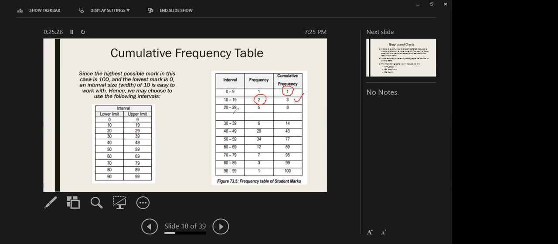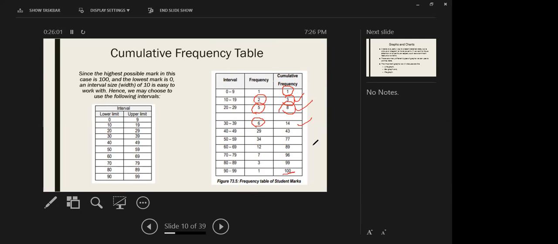The cumulative frequency of the third class is the frequency of that class plus the cumulative frequency of the previous class, which is 3 plus 5, that gives you 8. It is the same thing again for the fourth class: the frequency of this class plus the cumulative frequency of the previous class, and you get 14. That's how you get all this cumulative frequency up until you get 100, because there are 100 students that wrote the test.